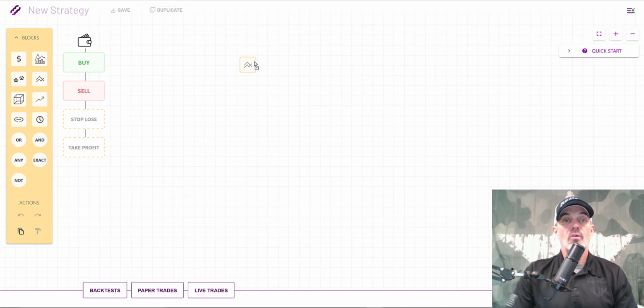In this case, we're going to have some compare blocks, and we'll have some trend blocks.